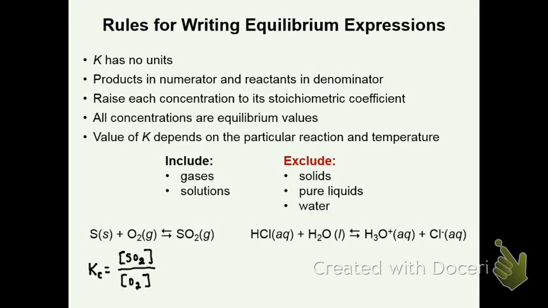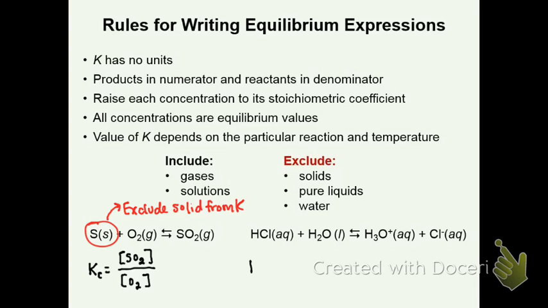So in this case, because it's a solid, sulfur is excluded. That doesn't mean that the sulfur isn't being consumed in the reaction. It's just not contributing to the equilibrium constant.